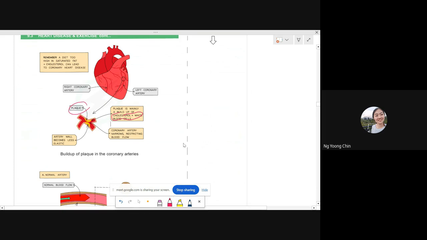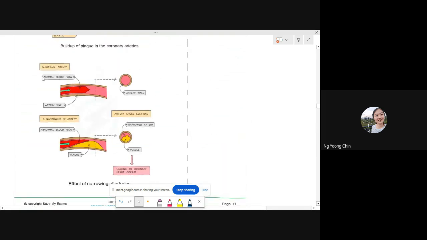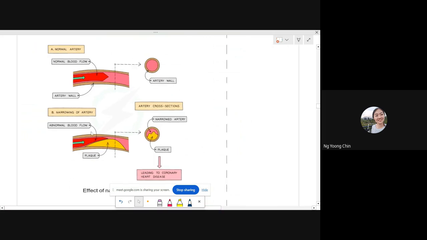So this is their side effect. You can see the difference between normal and narrowing artery. If you have a normal blood flow, it will be this way. If you are in the narrowing artery, it will be this way.